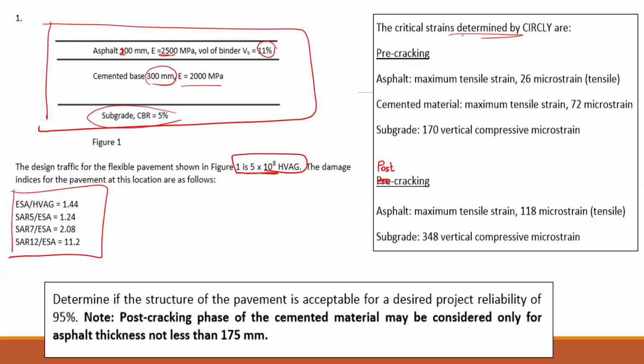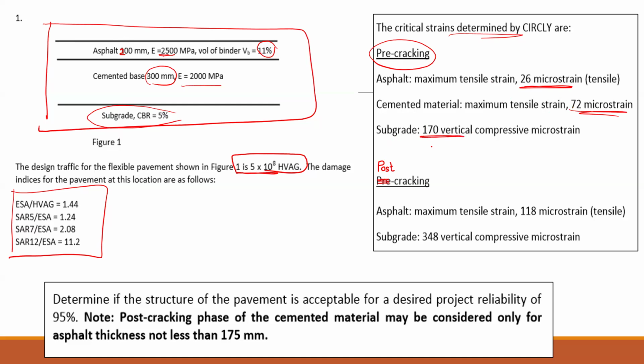When you do the Circly practical, I will show you where to find these values for different layers for different pavements. So microstrain for asphalt, cemented and subgrade are given for pre-cracking. You can see asphalt is 26 microstrain, cemented is 72 microstrain, and subgrade is 170.